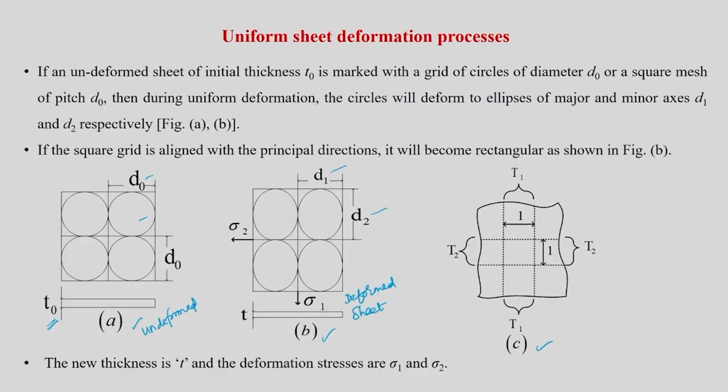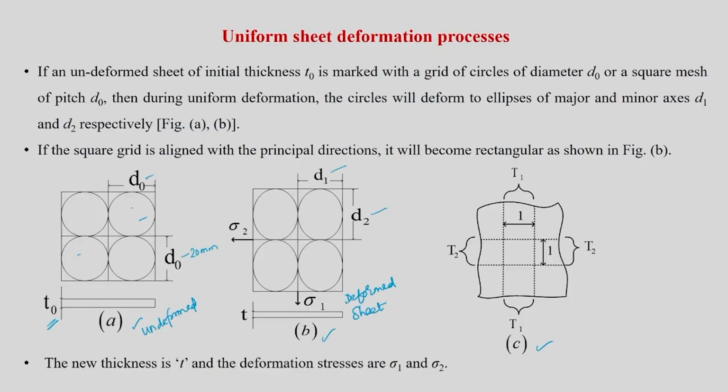Say for example, this D naught. I have just given you an example of four circles, 1, 2, 3, 4, of diameter D naught. D naught could be about 20 mm, let us say 2 centimeter. Or you can put small circles, maybe 10 mm, which is 1 centimeter dimension.